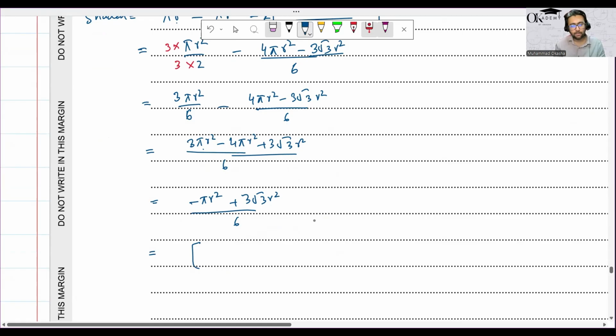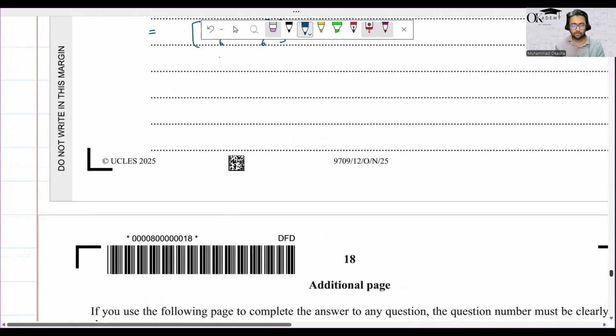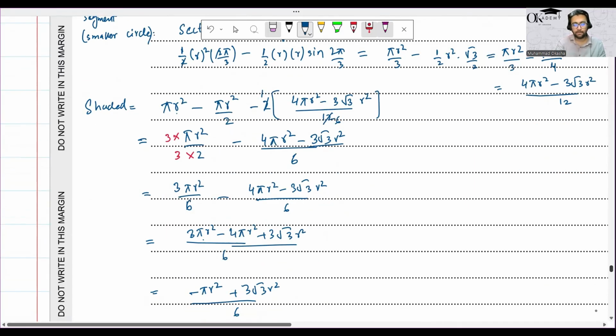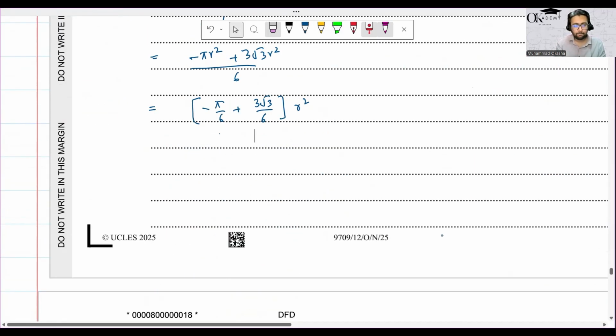Let's take r squared as common, and let's do the LCM breakdown. So if I take it out, I'll be left with negative pi by 6, because r squared is out, plus 3 square root 3 divided by 6, which I can further simplify into negative pi by 6 plus square root 3 over 2, everything times r squared.